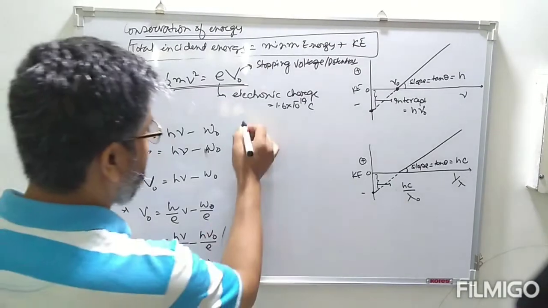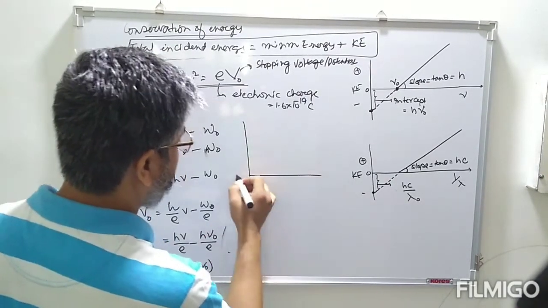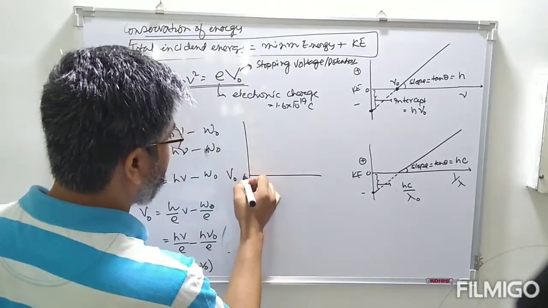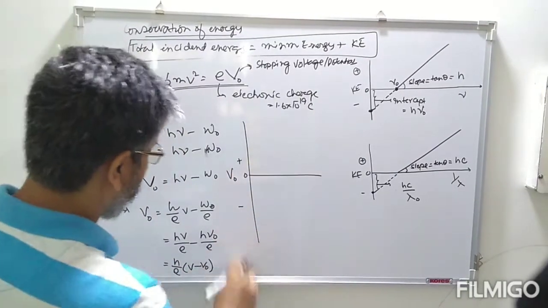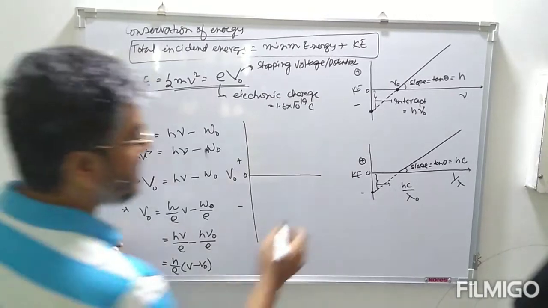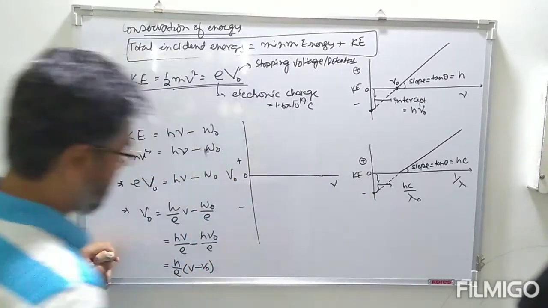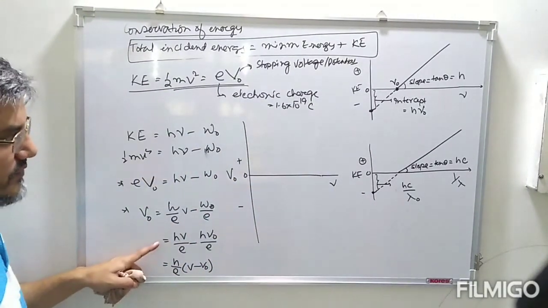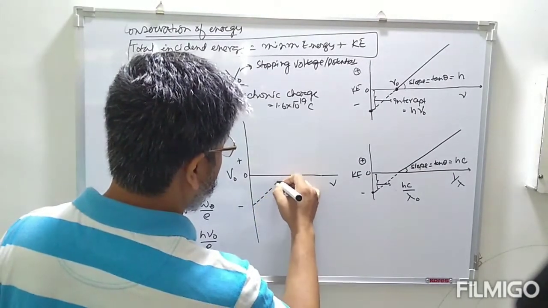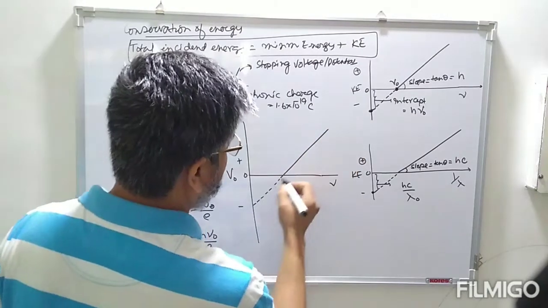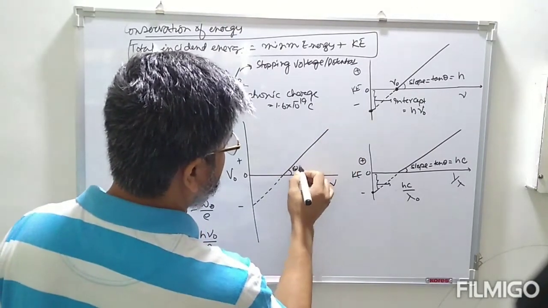So if you make this graph, that is stopping potential 0, positive, negative, versus frequency, then this is theta.